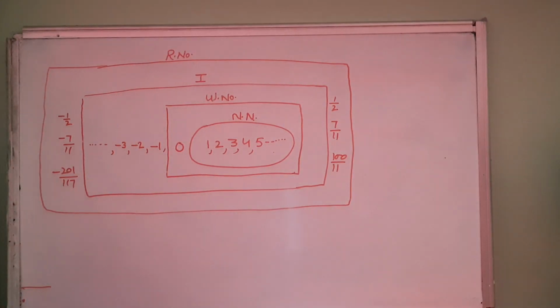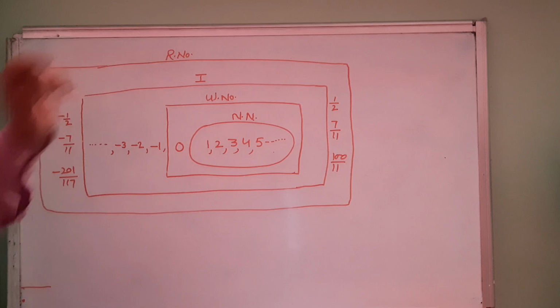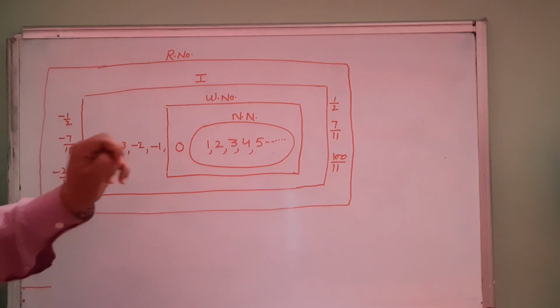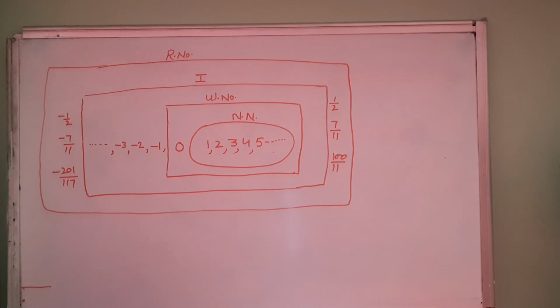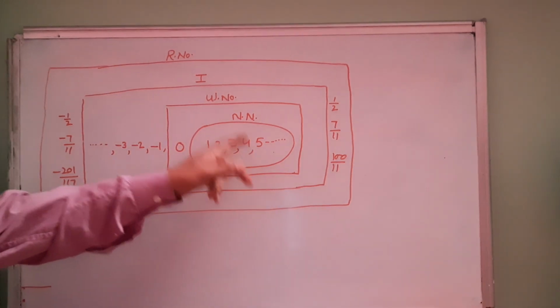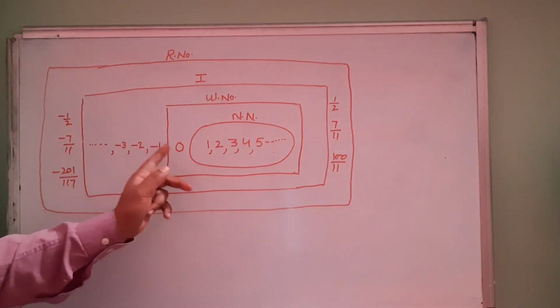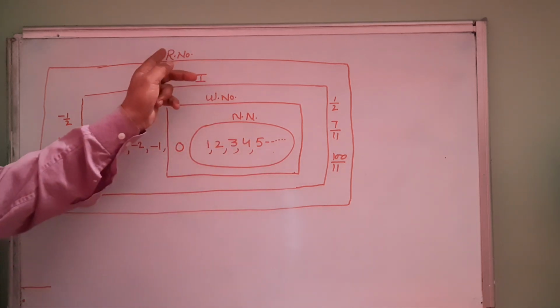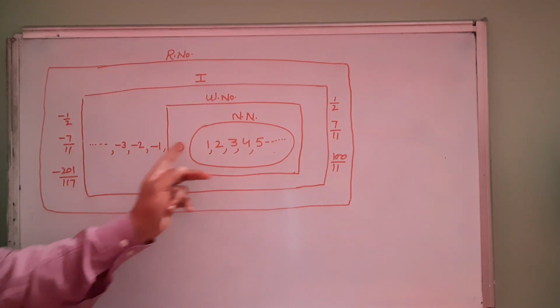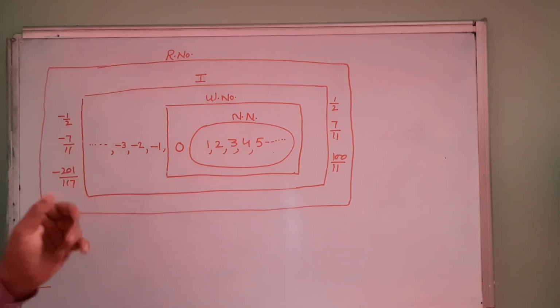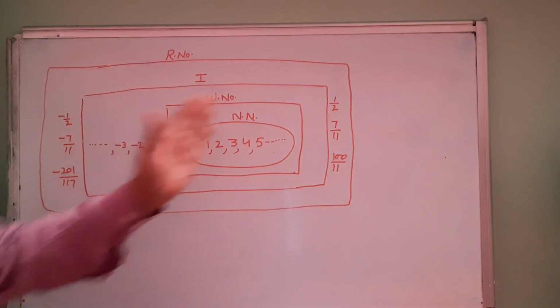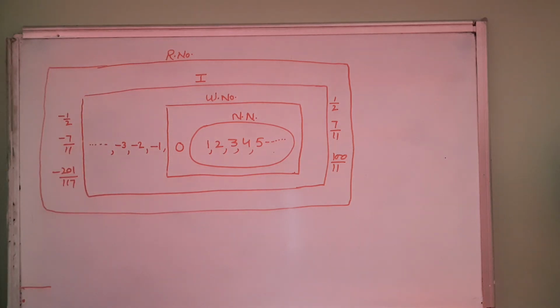Now you see, this rational number box is containing integers, whole numbers, natural numbers. It means every natural number is a rational number. Every whole number is a rational number. Every integer, positive or negative, is a rational number. Every fraction, negative or positive, is a rational number.